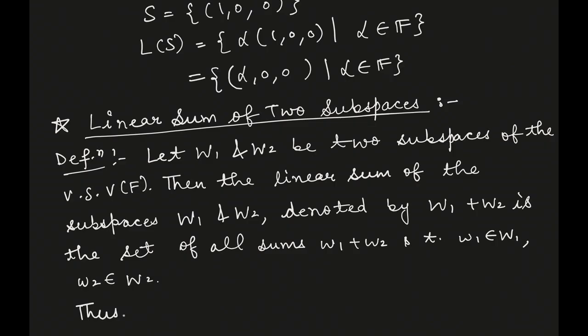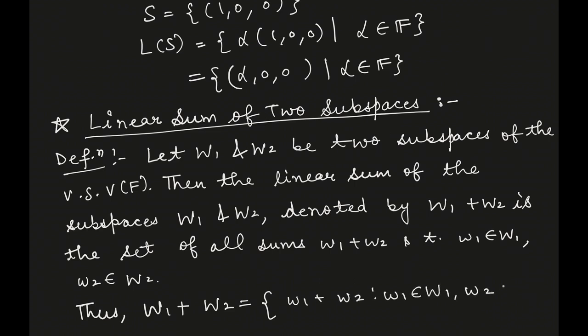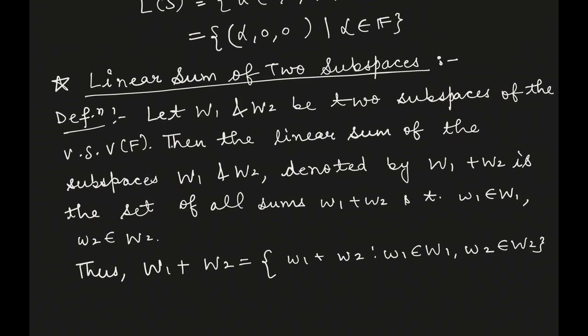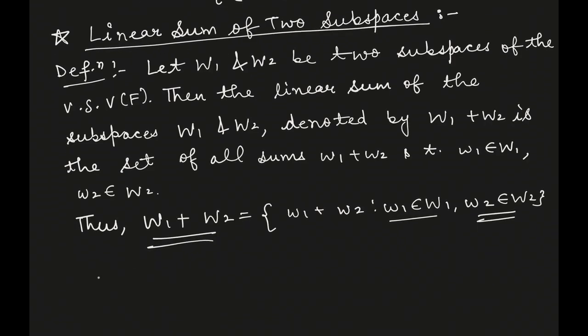Thus, W1 plus W2 is {w1 plus w2 such that w1 belongs to W1 and w2 belongs to W2}. So we will have two subspaces of the vector space V. Then the linear sum W1 plus W2 can be represented by this w1 plus w2, where w1 belongs to capital W1 and w2 belongs to capital W2.